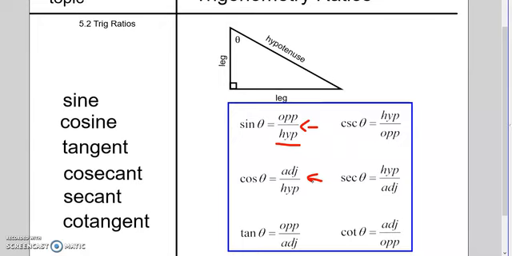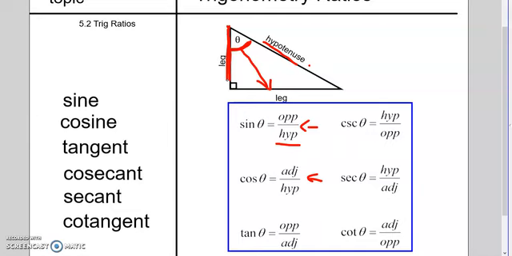Depending on the angle, if I'm interested in this theta here, then my opposite is over here, and my hypotenuse stays the same. Then adjacent depends on which angle. This is the angle I'm interested in, so that's my adjacent leg. So that's adjacent over hypotenuse, and then tangent is opposite over adjacent, just the opposite leg over the adjacent leg.